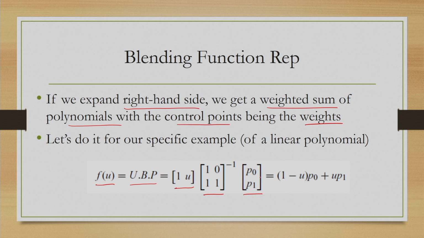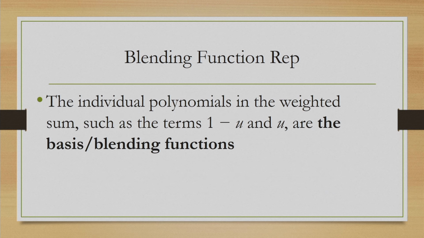Now, if we expand, we will get this equation in terms of the control points. Now, the individual polynomials in the weighted sum, such as the terms 1 minus u and u, are the blending functions.